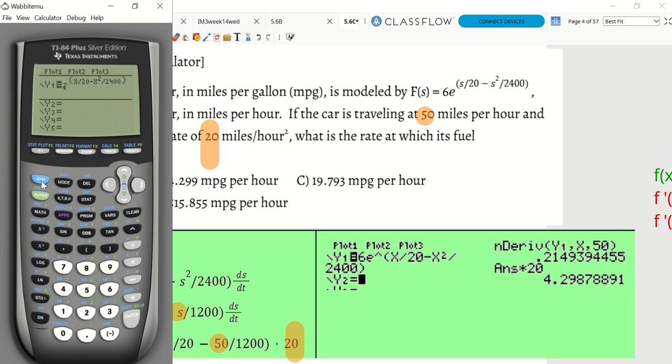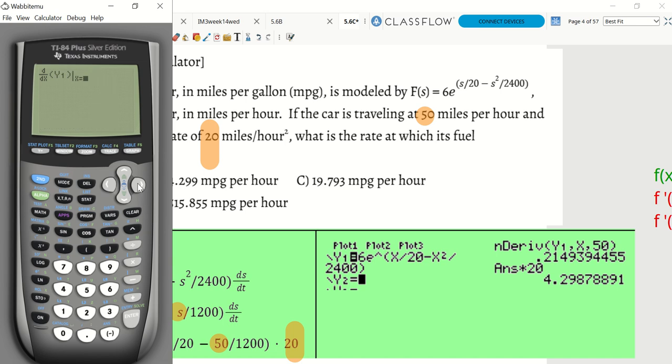And I am going to quit that and then go to math, okay, go to option 8, and go d/dx, and here I'm going to recall the y sub 1 function that I inputted earlier.